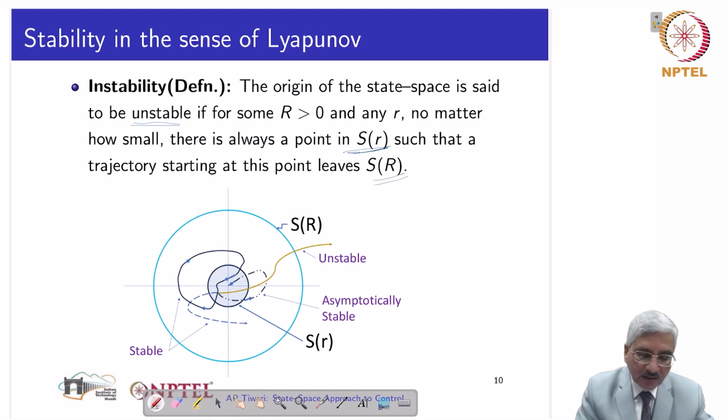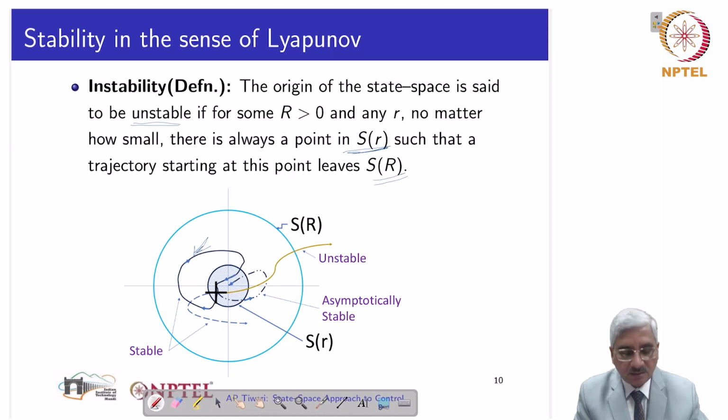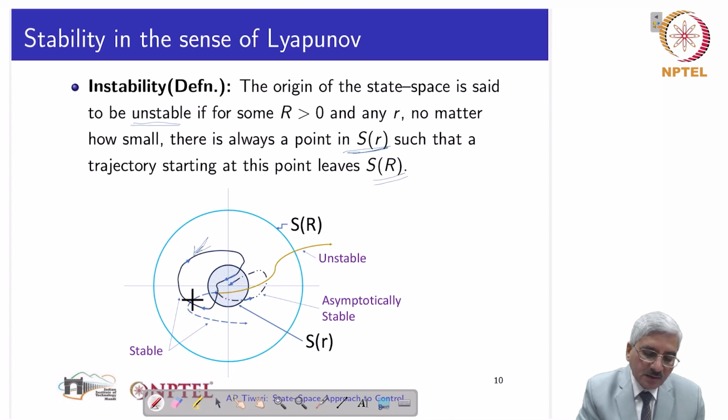Now we consider this trajectory. This trajectory starts from the same point. This is just for depiction only. It starts from a point in S(r), and as time increases, it moves through different points, goes outside S(r), and goes into S(R).